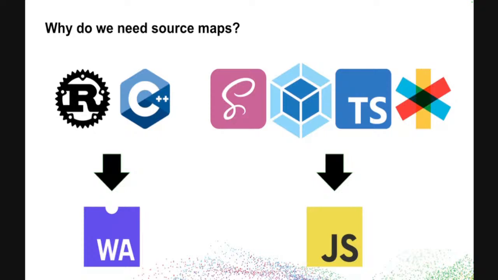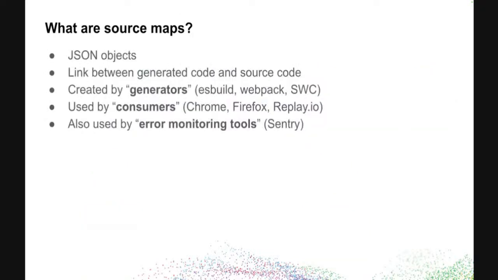We've gotten really far if you think about it. If you have a big web application, the thing that actually gets deployed to your user is pretty different than the thing that you author in a lot of ways. And so what are source maps? They're JSON objects, so they're human readable for the most part. They help you link between that generated code and your source files.